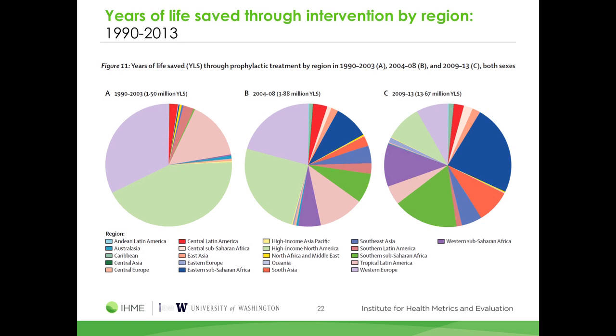So that's a pretty large benefit, and we're not counting in this assessment years that will be lived in the future because of prevention of infection due to PMTCT. Obviously, the ART benefits are coincident with the year of ART, but for PMTCT, you prevent a child being infected, there's a stream of health benefits that will continue into the future. So this is a very conservative view of the actual additional years that have been lived due to interventions.